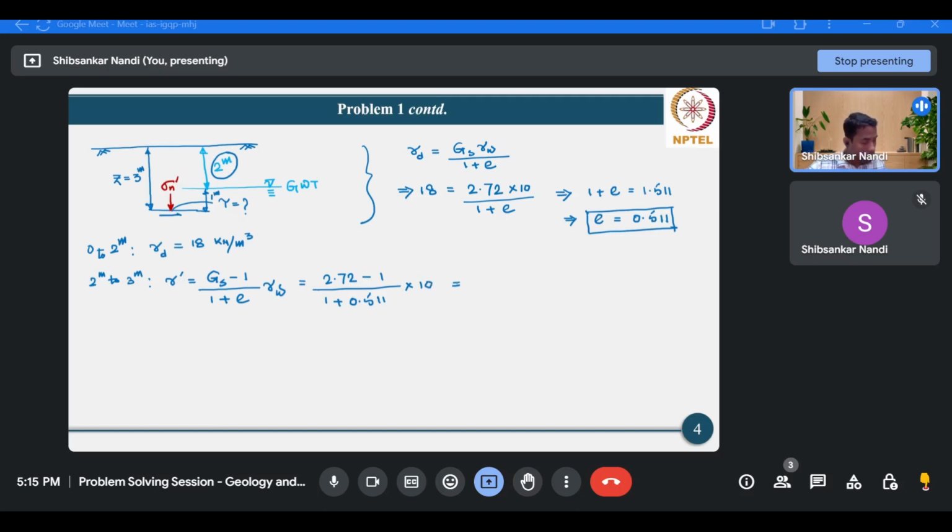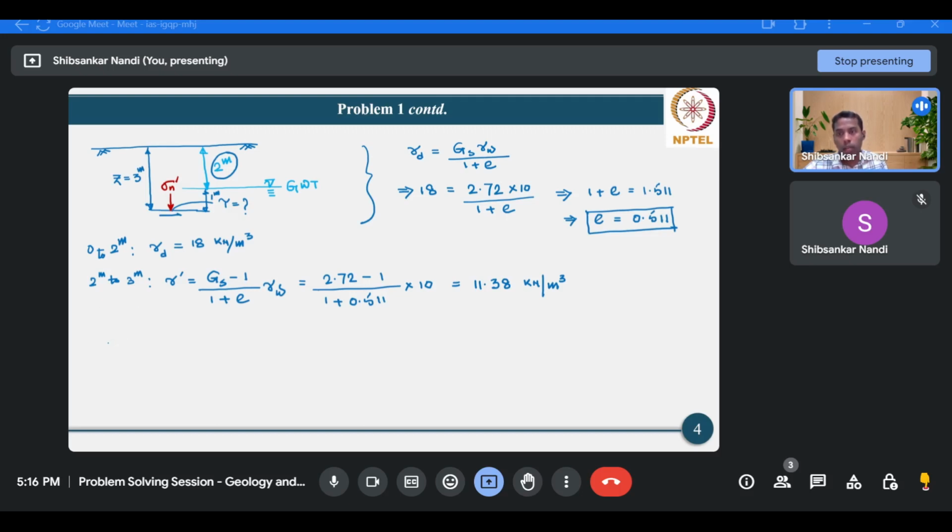So it will be 1.72 divided by 1.511 times 10. So that is 11.38 kilonewton per meter cube. Okay, so we have the dry unit weight for the portion 0 to 2 meter, and we have the submerged unit weight of the soil from 2 meter to 3 meter.